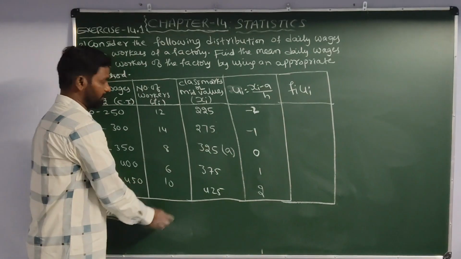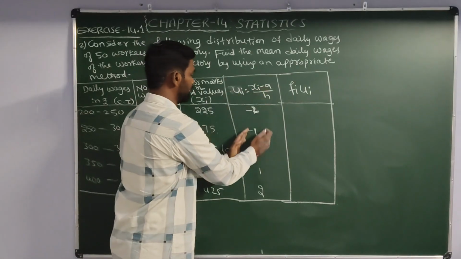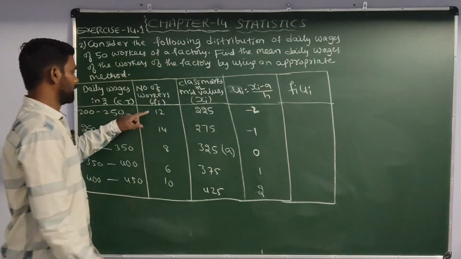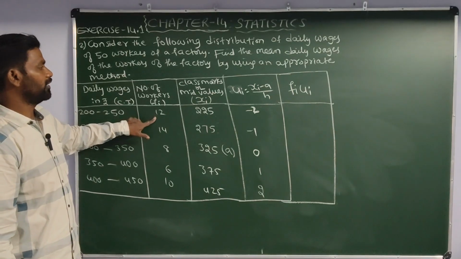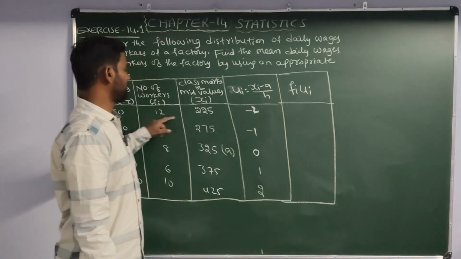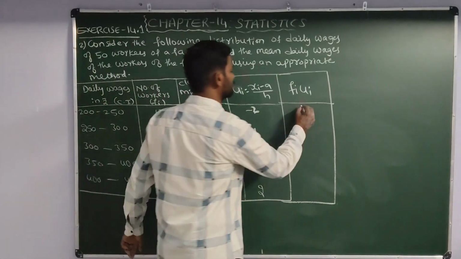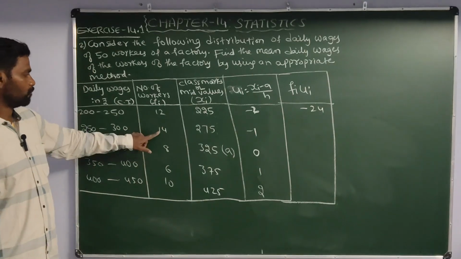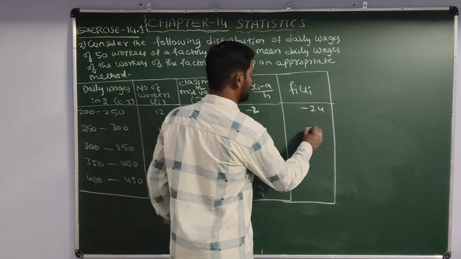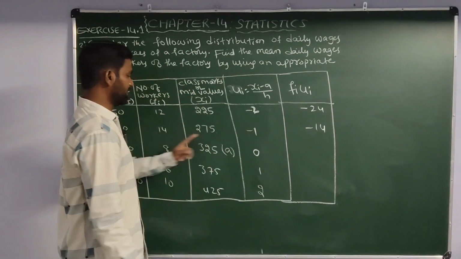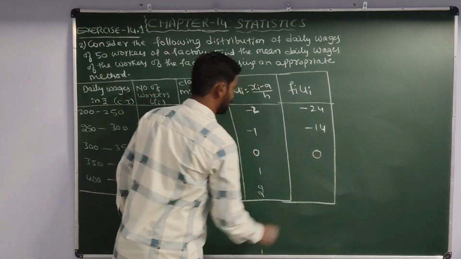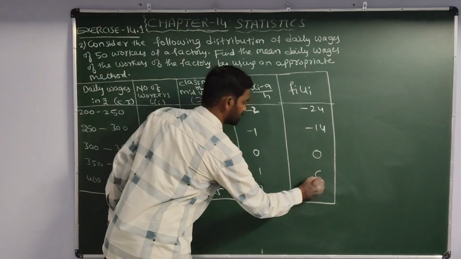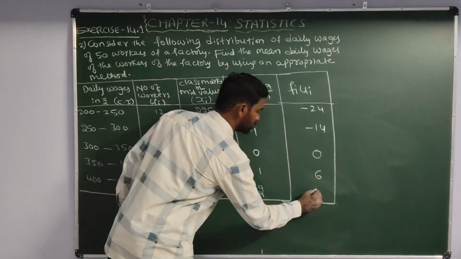These are all Fi's and these all are Ui's. Let us multiply this Fi into this Ui. 12 twos are 24, it consists of minus, so minus 24. 14 ones are, it is minus 14. 8 into 0, it is 0. 6 ones are 6. 10 twos are 20.